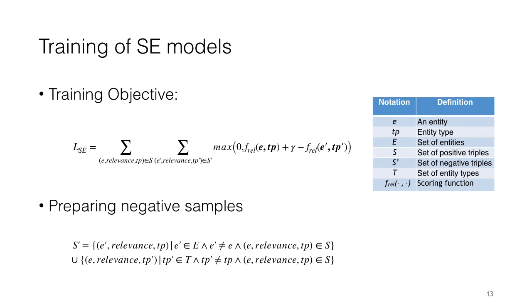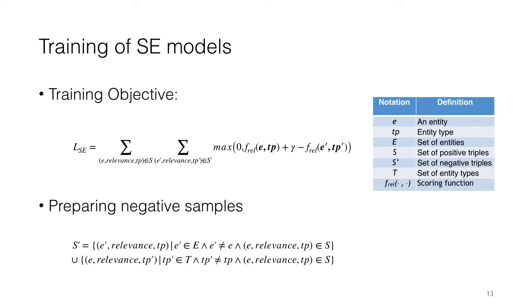This slide shows how we train our model. For training purposes, negative triples are also required. We randomly replace the heads and the tails of positive triples with other entities and types, respectively. You can see the training objective equation here.